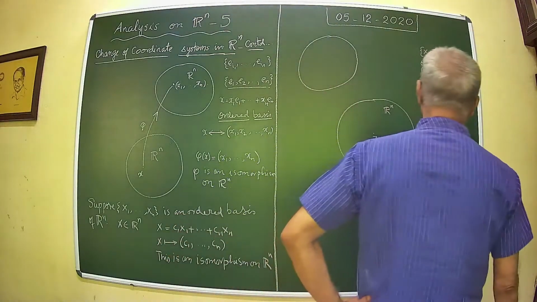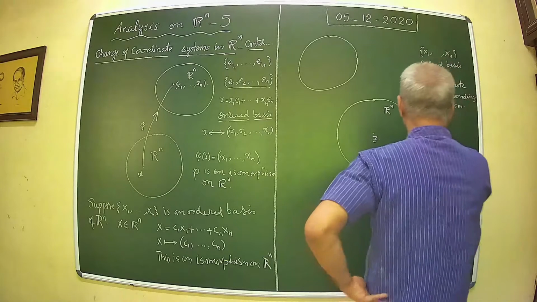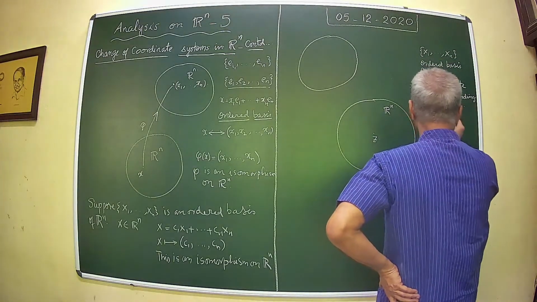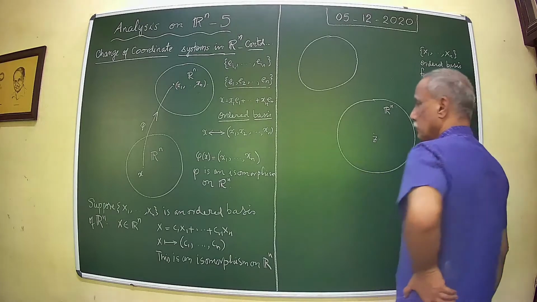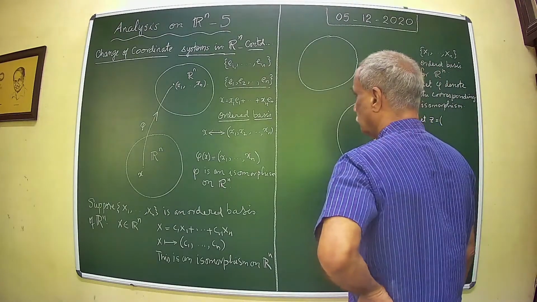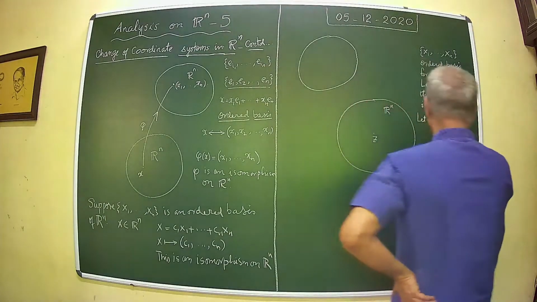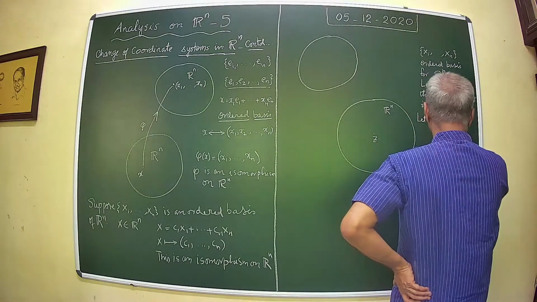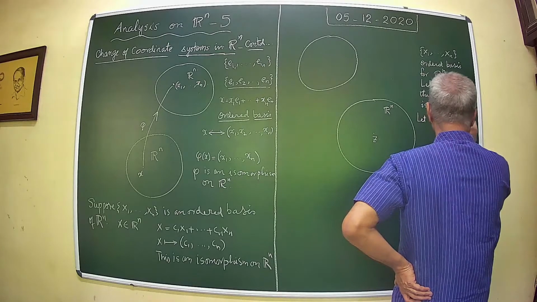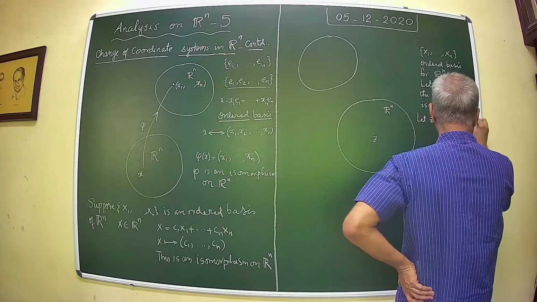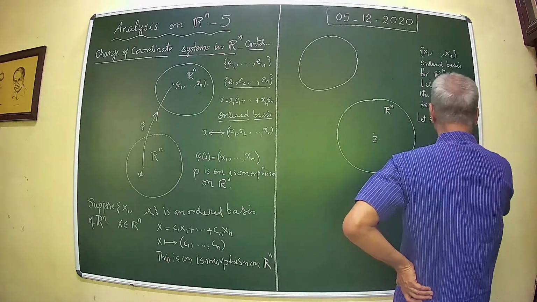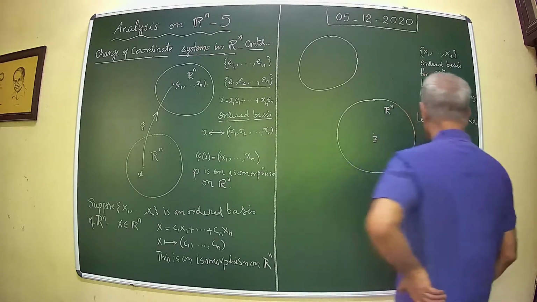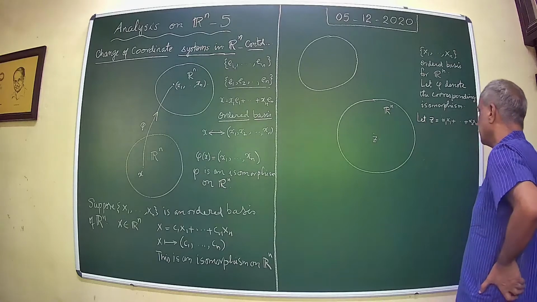Now once you have that, let z be determined by alpha 1 x1 plus and so on up to alpha n xn, where the alpha i's are uniquely determined.